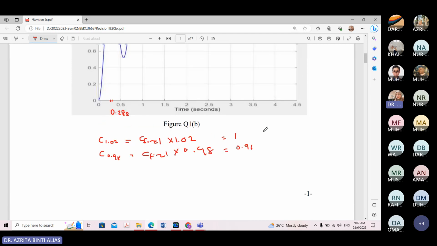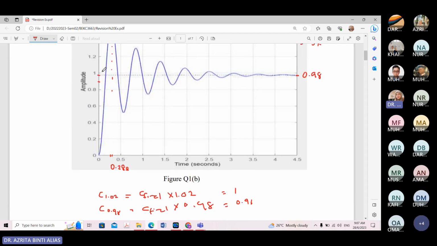So after that, you need to draw lines on this graph for amplitude 1 and 0.96. So 1 is about here, so you just draw this line, and another line at 0.96.